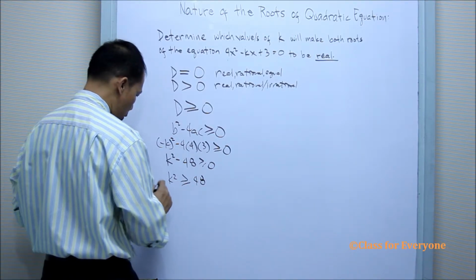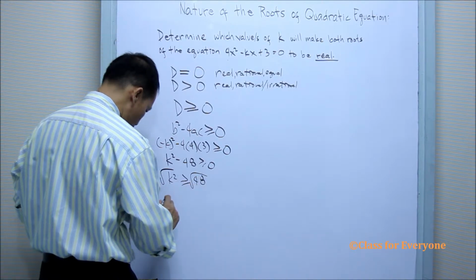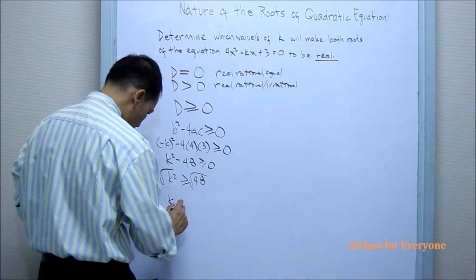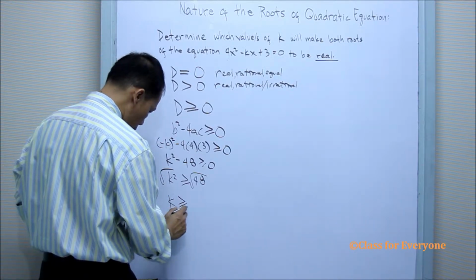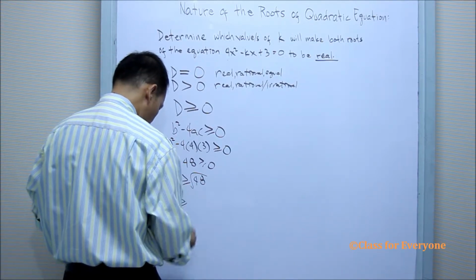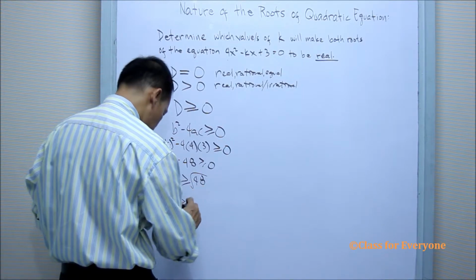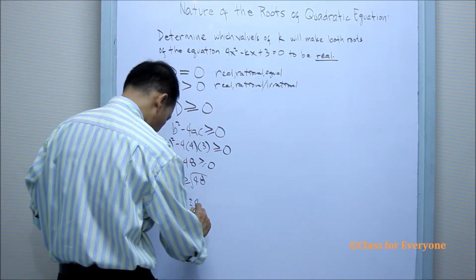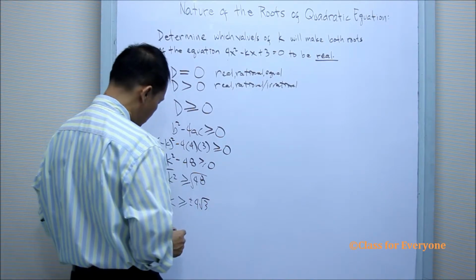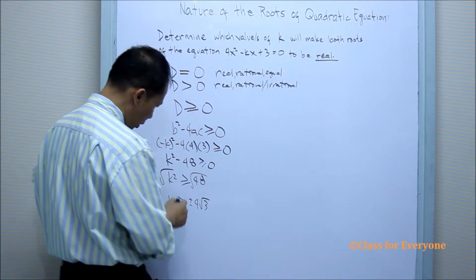Now getting the square root of both sides, we will have k is greater than or equal to, we can simplify this as positive negative 4 times square root of 3. But let us determine this.